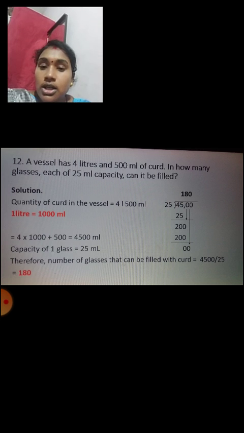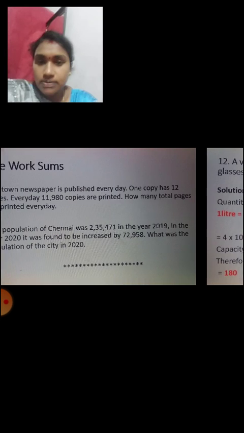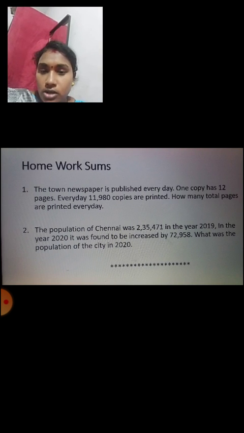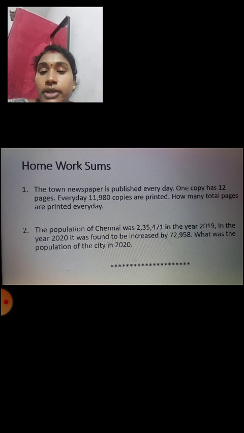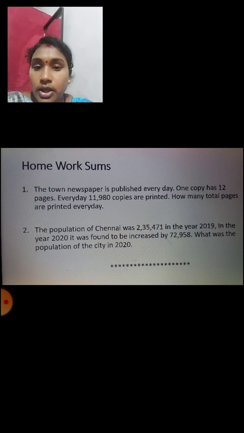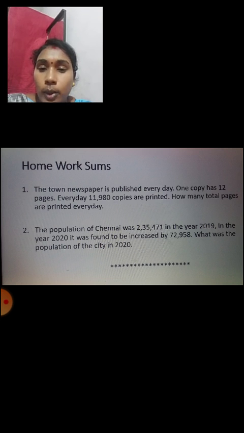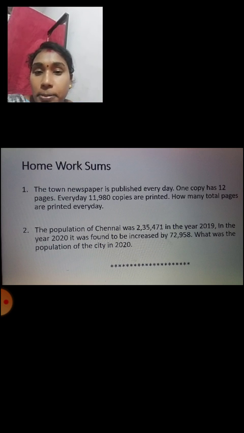Okay children, so we have two homework sums given and these are the homework sums. Let me read it out for you. So the town newspaper is published every day. One copy has 12 pages. Every day 11,980 copies are printed.